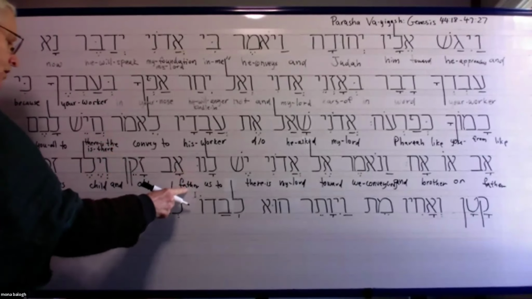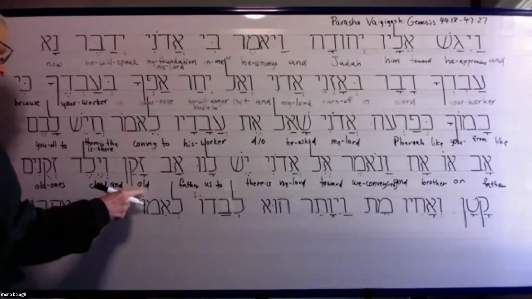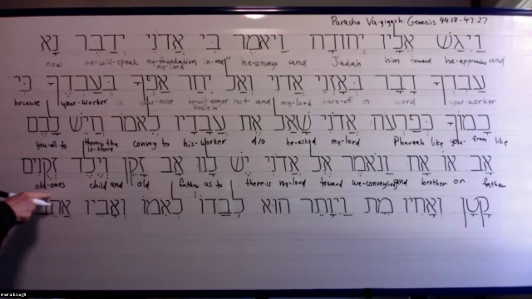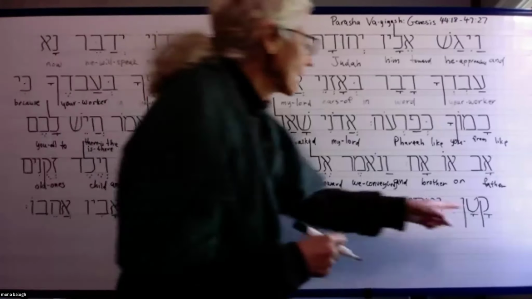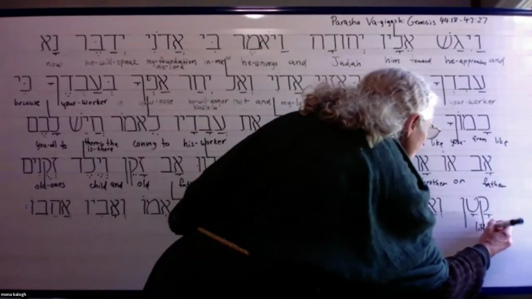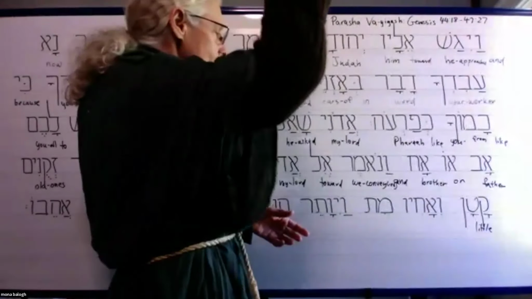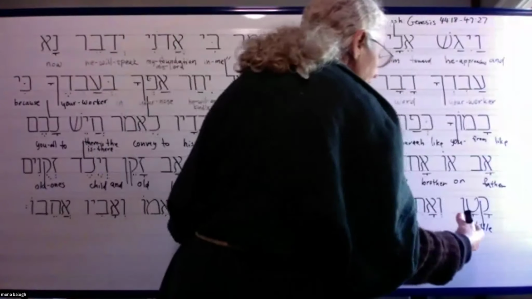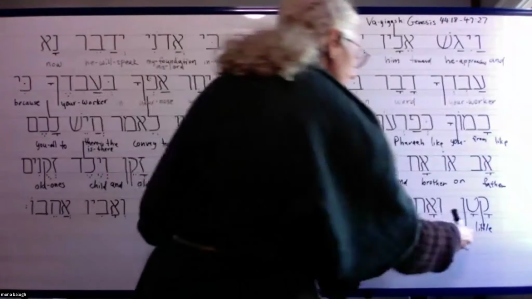We have the father, that's Jacob, and he's old, Zakein, and he has a child, of his age, his old ages is basically what this is saying. Katan means little. So it's this little child, Benjamin. I bet you he's 6 feet tall and burly with lots of hair. But they still see him as this little bitty guy.